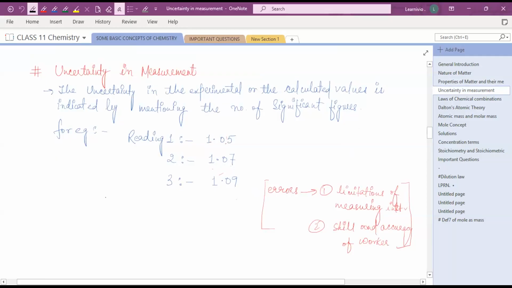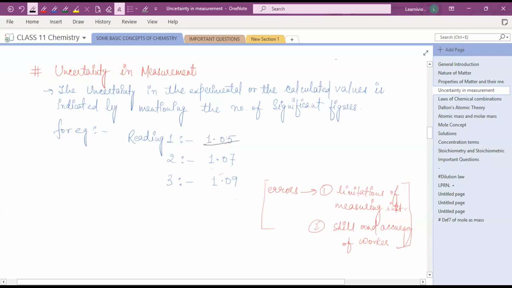So uncertainty in the experimental data. If you perform any experiment, when you record the readings in your notebook, for example, if Amna and Sannidhi and other students like Hafsa, you guys are doing some experiment, and you note down your readings, like the first reading is 1.05.